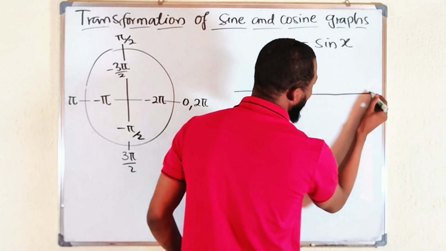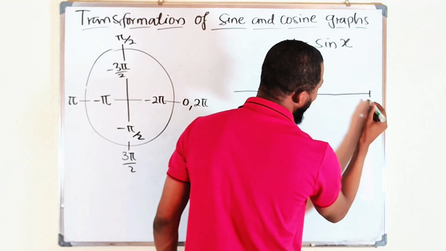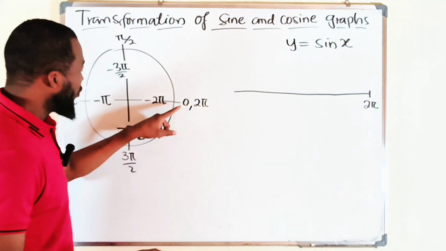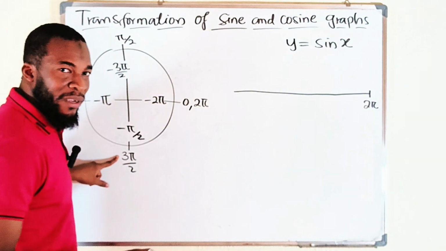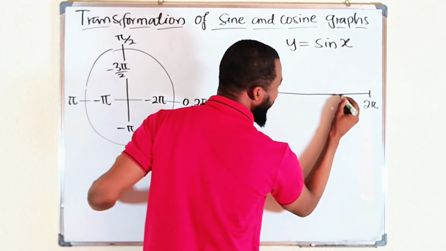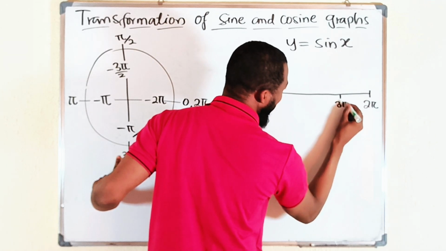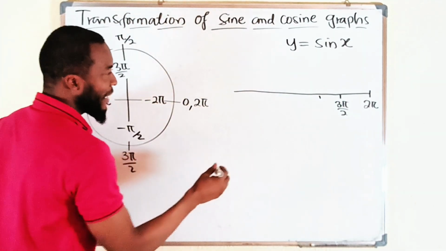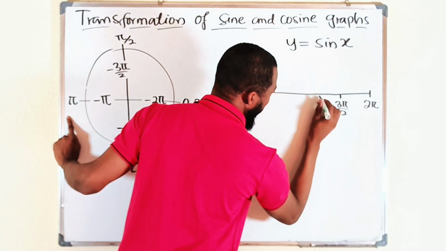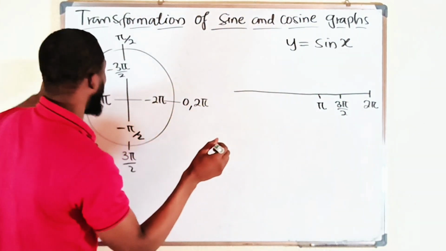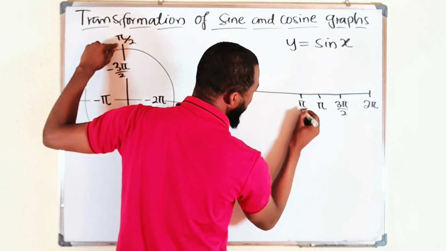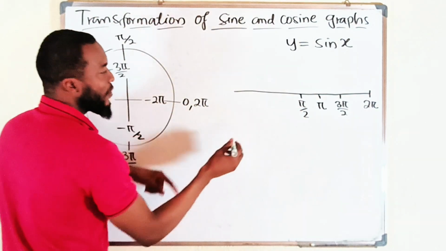So from here, I have 2 pi. From 2 pi, if you come back, you have 3 pi over 2, then pi, then pi over 2, then 0.